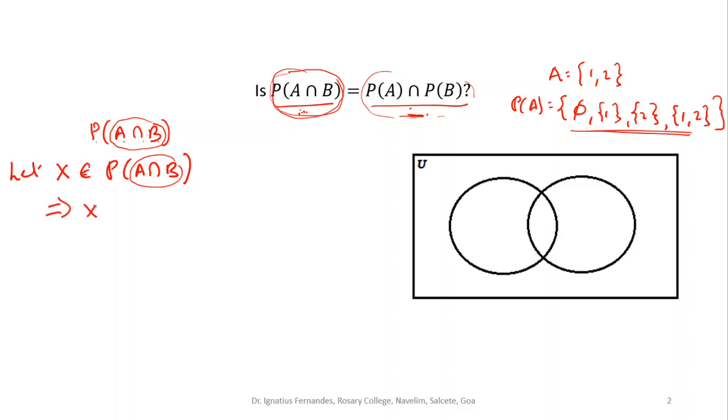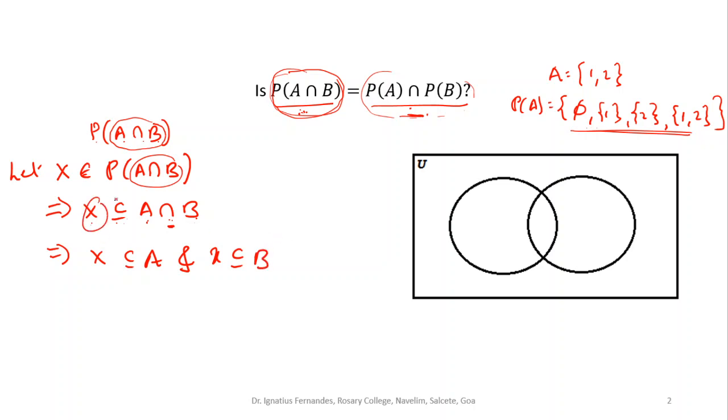Now if X is in power set of A intersection B, what does it mean? It means that X is a subset of A intersection B. If X is a subset of A intersection B, that means X is contained in both A and B. So from this I can say that X is a subset of A and X is a subset of B as well.